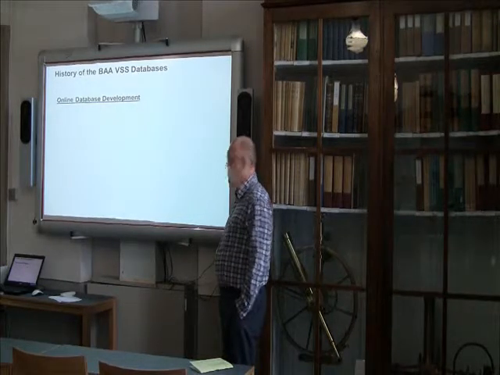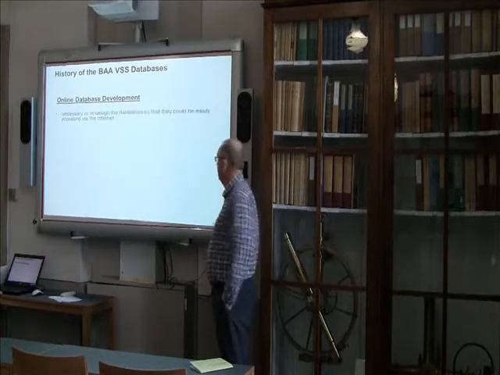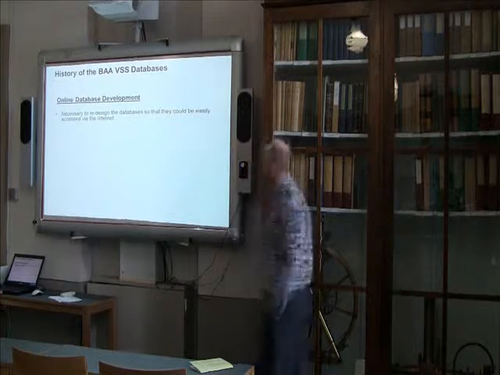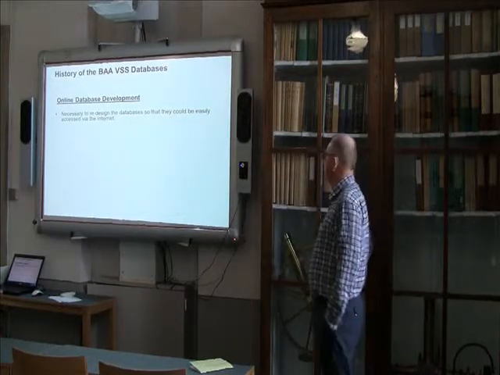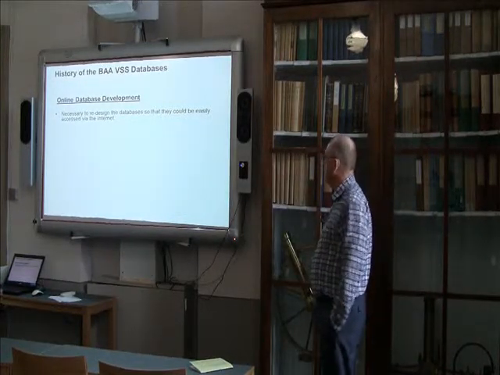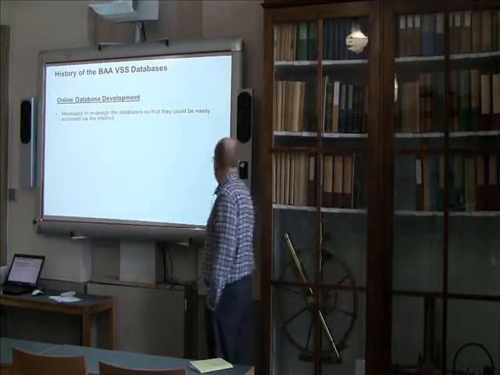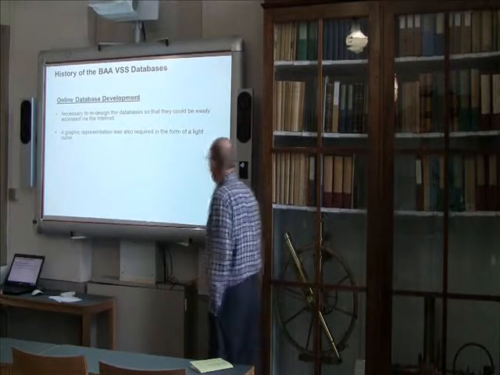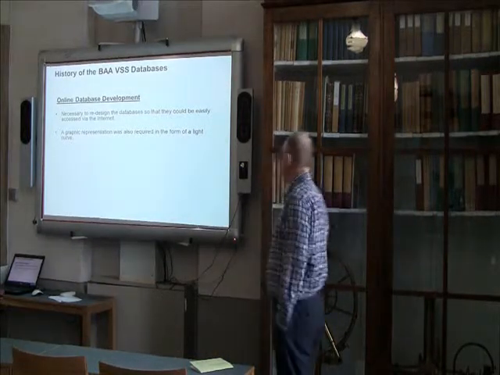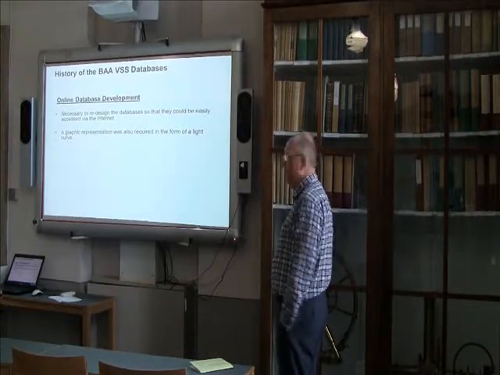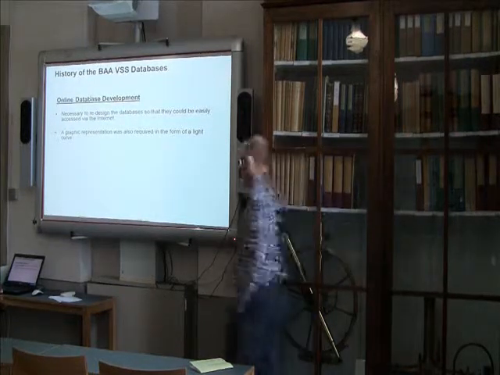Online database development was necessary to redesign the databases so that they could be easily accessed via the internet. A graphic representation was also required in the form of a light curve.